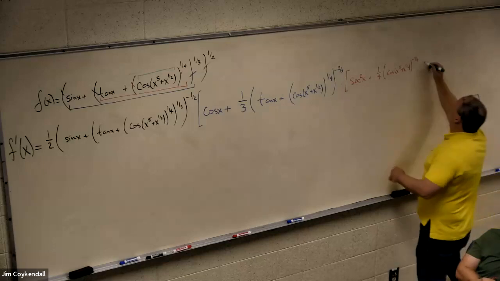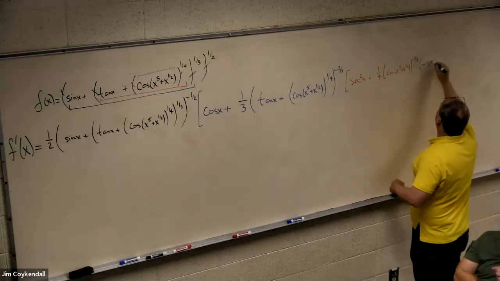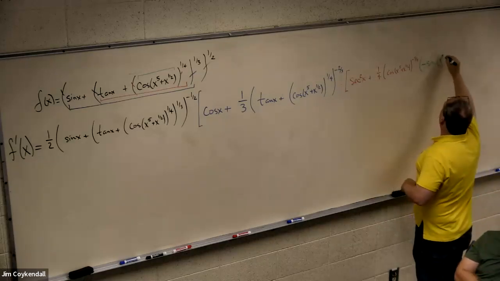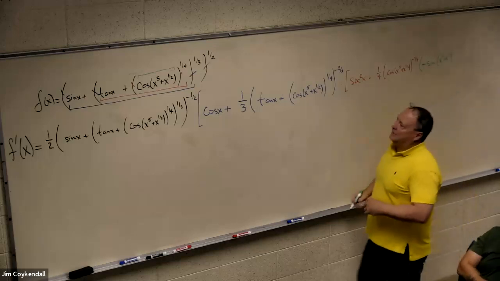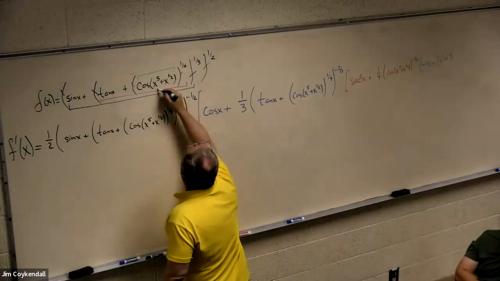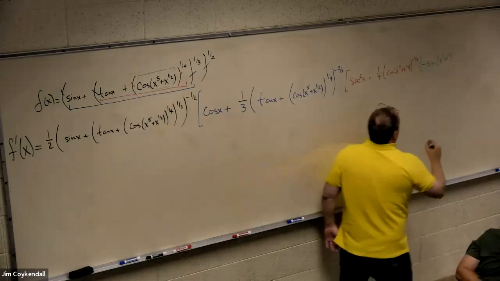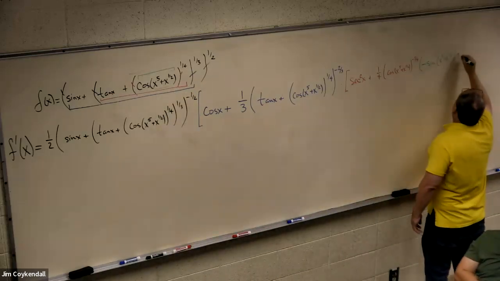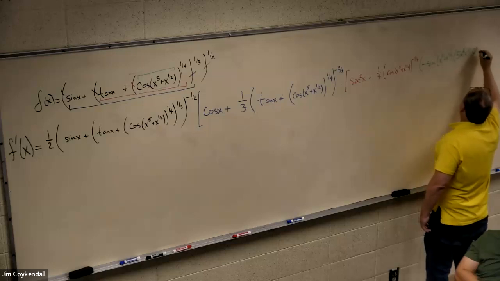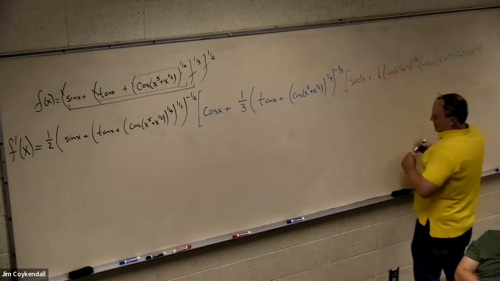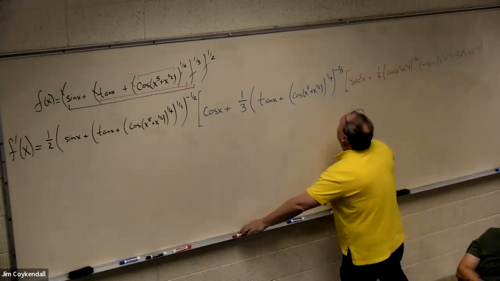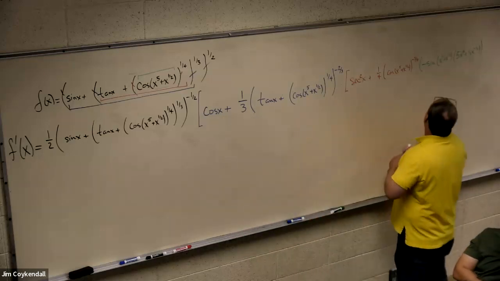So you're multiplying this bit by negative sine of x bit, so it's 1/2 times the derivative of what's inside there. This last bit is 1/2 x minus. Close this parenthesis. Close the red parenthesis.